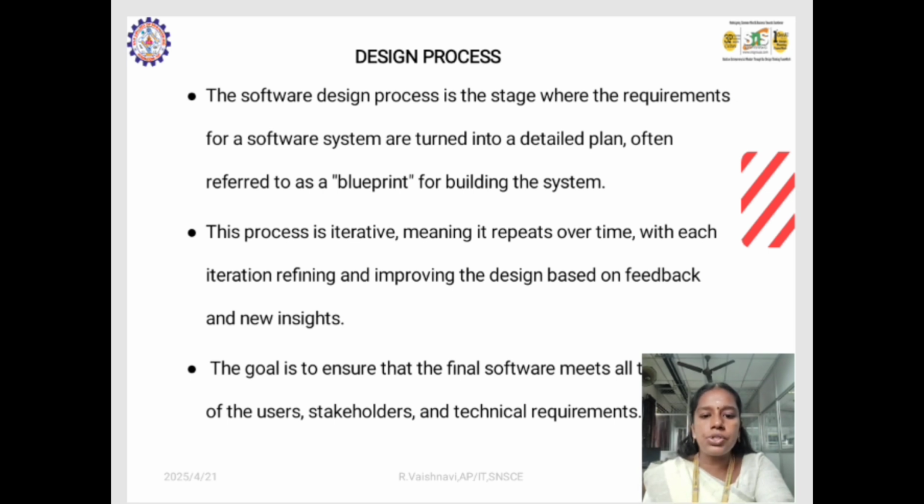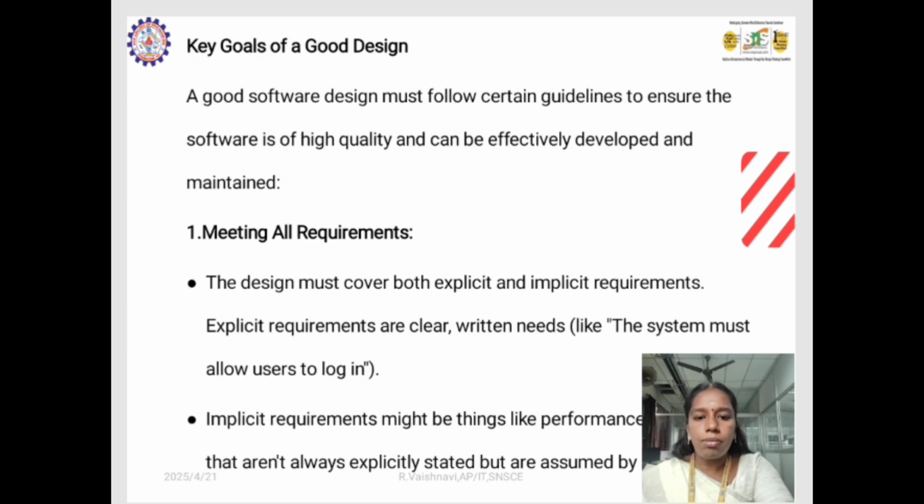The goal is to ensure that the final software meets all the requirements of the users, stakeholders, and the technical requirements. And then key goals of the good design. A good software design must follow certain guidelines to ensure the software is of high quality and can be effectively developed and maintained.